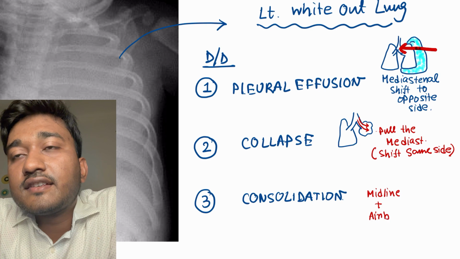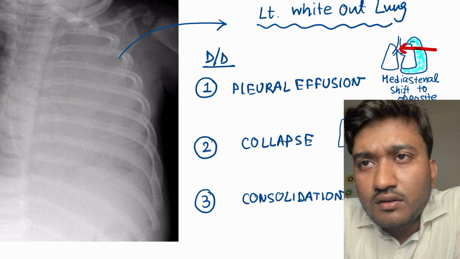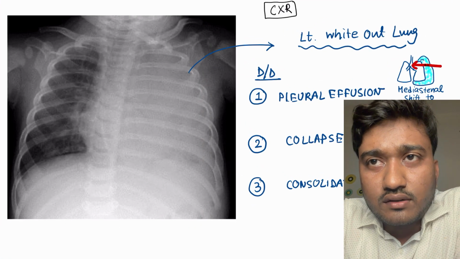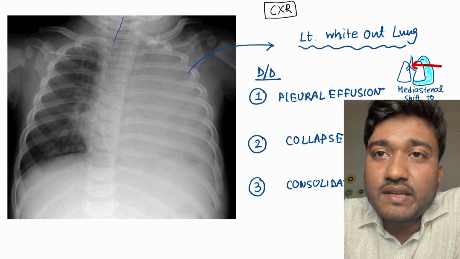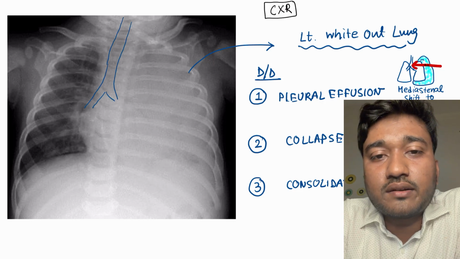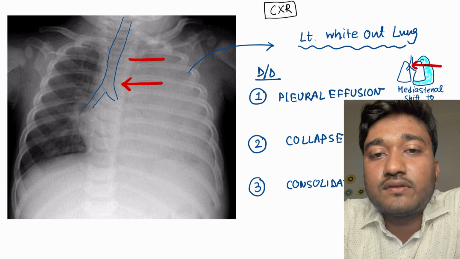Now let's see what you can see in this picture. There is a whiteout lung on the left side, but the mediastinum is shifted towards the right. What does that mean? There is a left-sided massive pleural effusion.